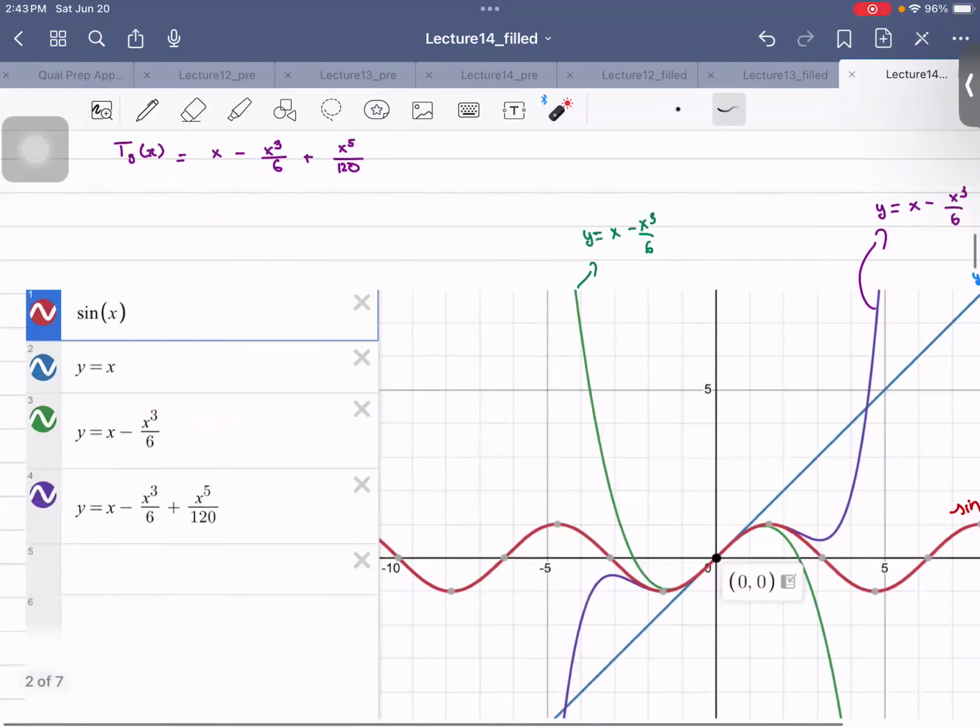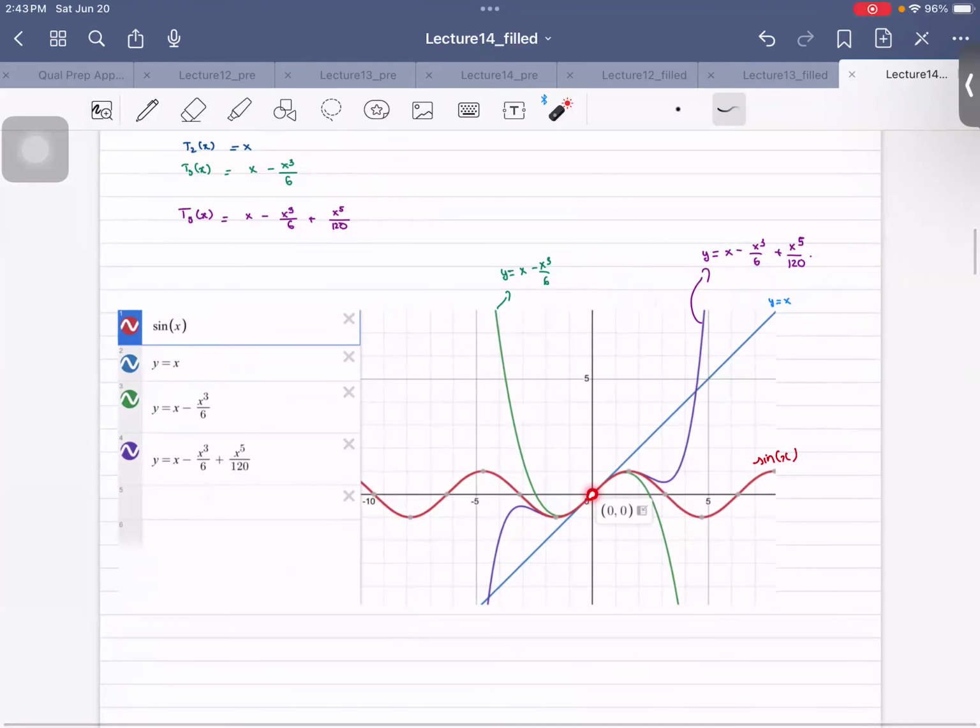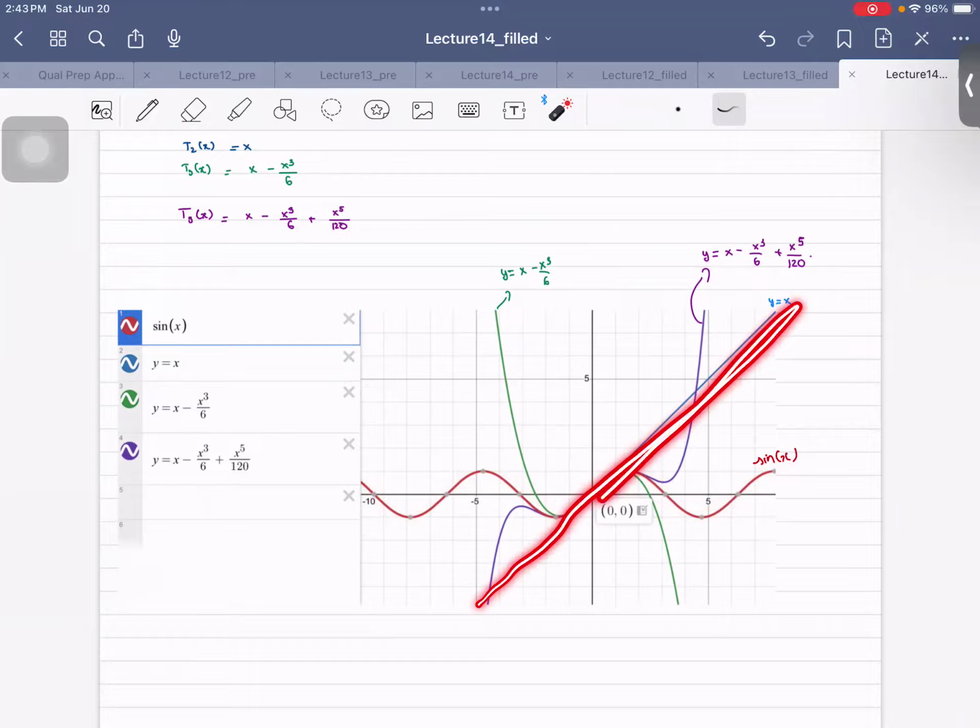It may do a good job for the points in the neighborhood of 0, 0. But if you move further and further away, like over here, the red curve that I have is psi of x, and the blue line that I have is y equal to x.